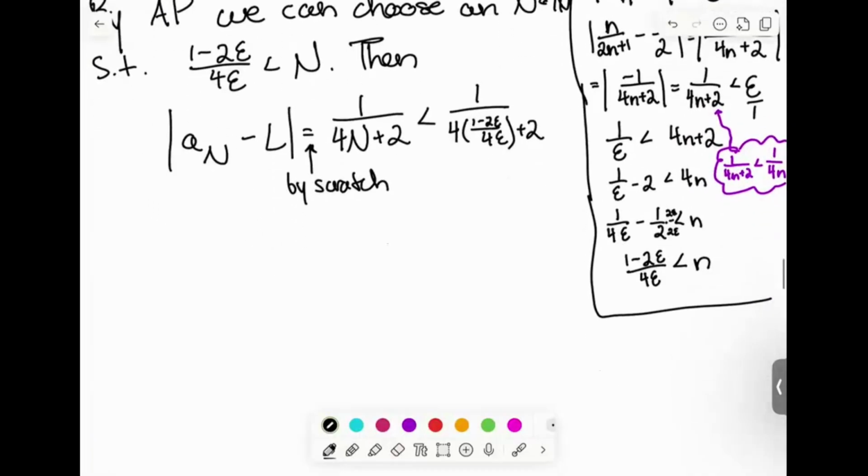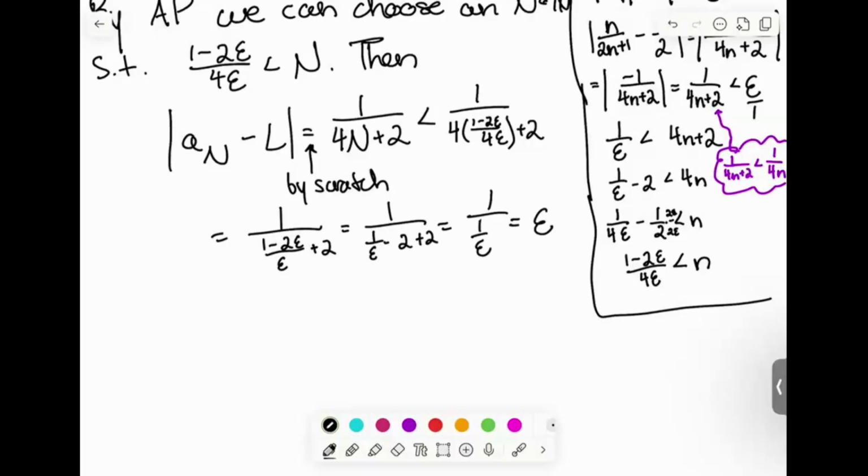And then we can go through this whole thing, right? So we can say, okay, I have 1 minus 2 epsilon over epsilon plus 2, but I can rewrite that as 1 over epsilon minus 2 plus 2. So this is just 1 over epsilon, which is just epsilon.